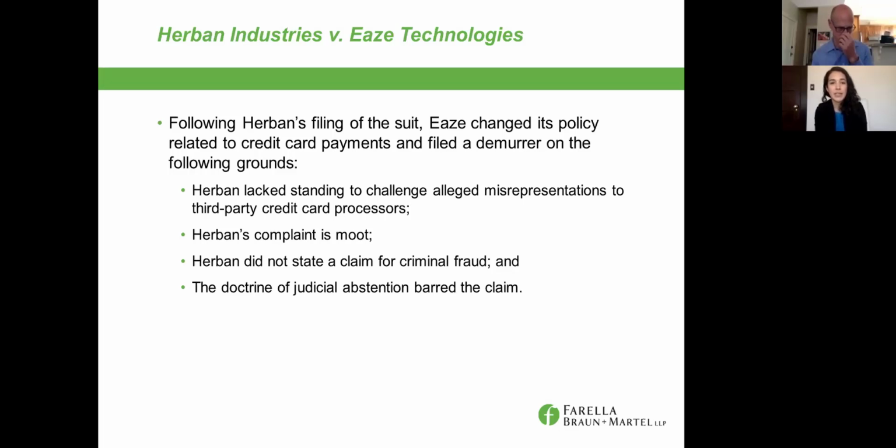Essentially, they were asking the court to say, look, this case involves very complicated issues. Cannabis is legal in California. It's illegal under federal law. This makes it very difficult to operate, and we think you should just dismiss this case because it involves difficult questions where there's a conflict between state and federal law.